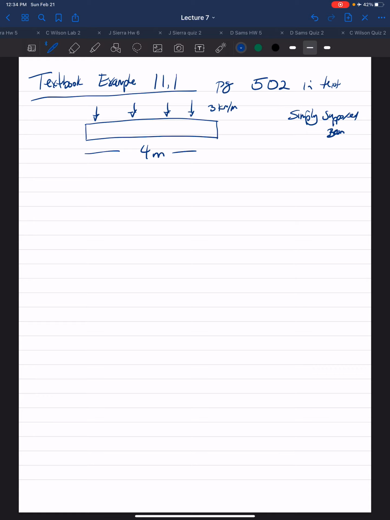So first, let's do our free body diagram to get our support reactions. So we said this is a roller, and this was a pin. One thing to note, we're primarily concerned with shear, vertical direction forces, and any moments that may arise due to the supports.